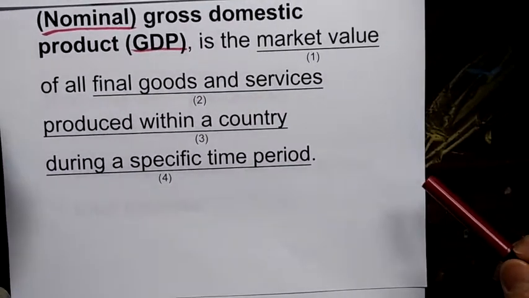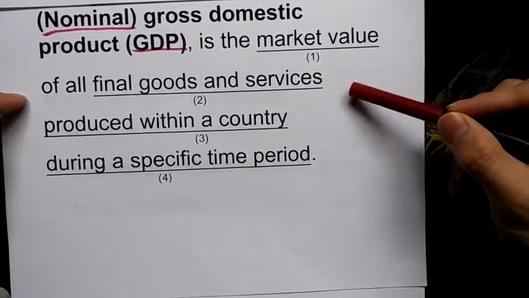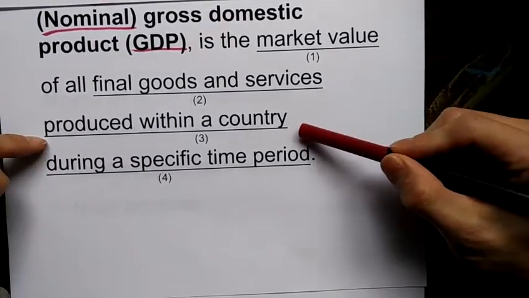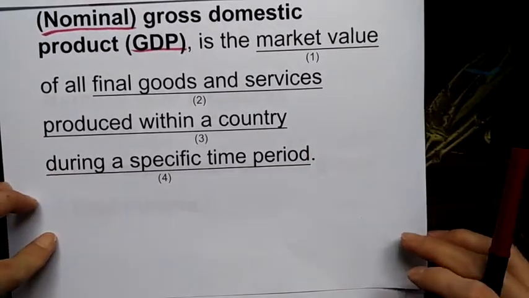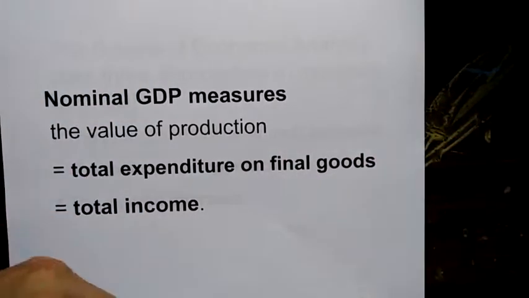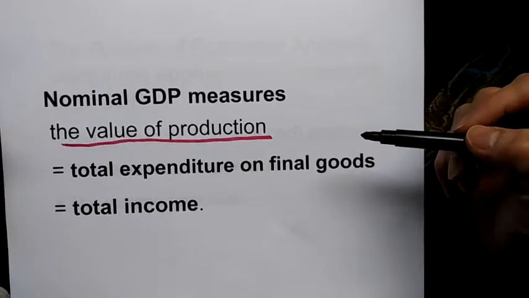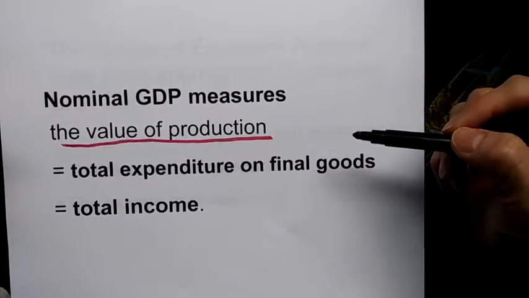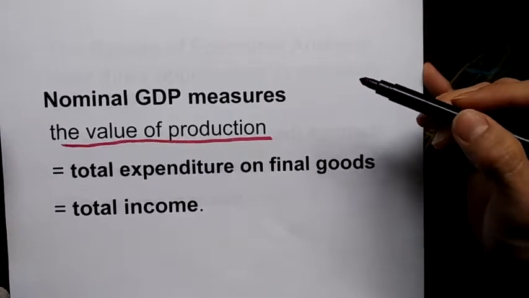Again, nominal GDP is the market value of all the goods and services produced within a country during a specific time period. Therefore, nominal GDP measures the total value of the production of the economy. And there is a very important concept in macroeconomics.